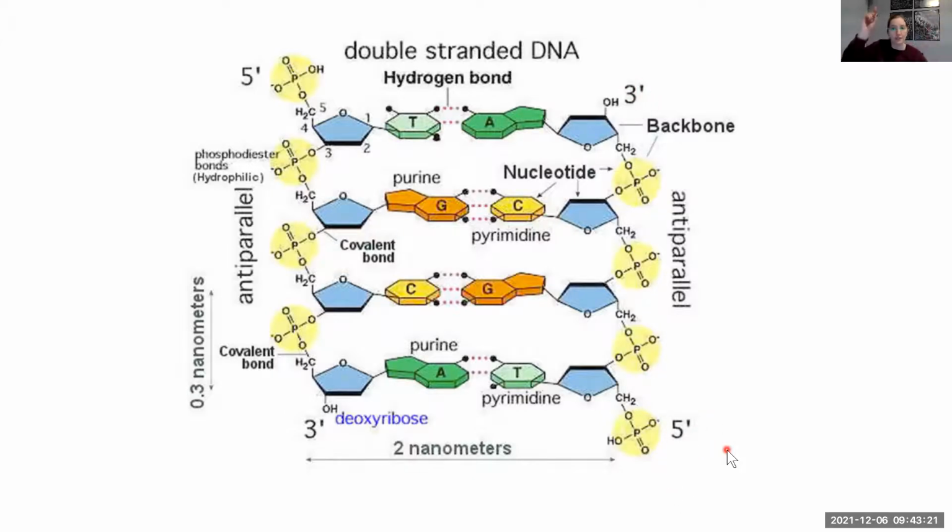So in different directions, anti-parallel. That's why we need to count the carbons, because we need to know what direction our DNA strands are oriented in. Here we can see the hydrogen bonds between our nitrogenous bases, so adenine, thymine, AT, and cytosine, guanine. It also labels our 2 different types of bases, so pyrimidines or purines, and that's there.